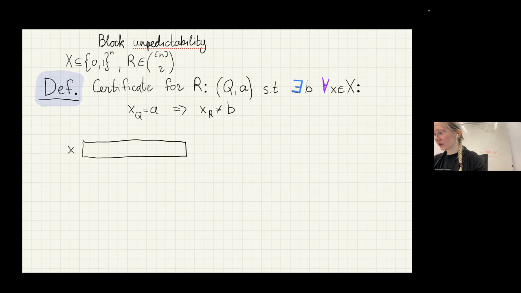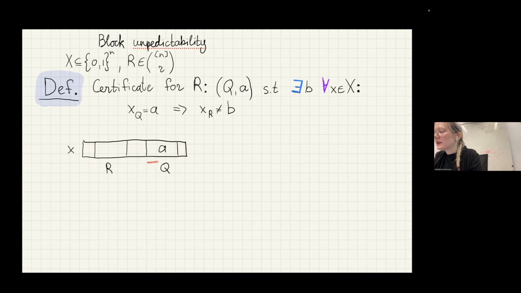X, a string, and here I have R, and here I have Q. And in this Q, the values are A. So this is a certificate for that.